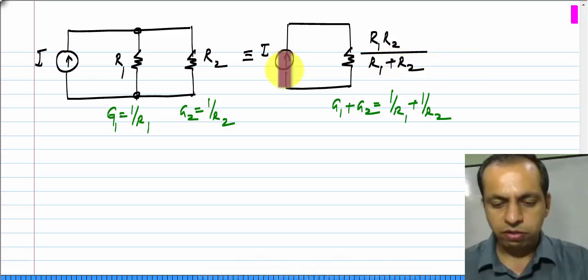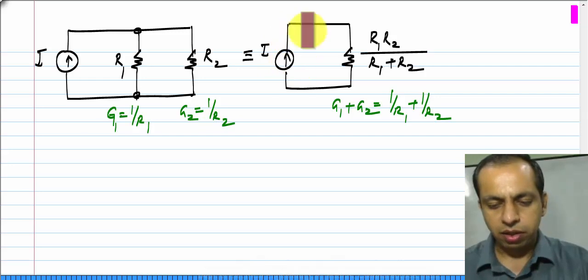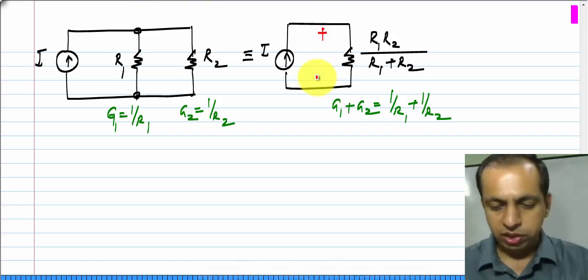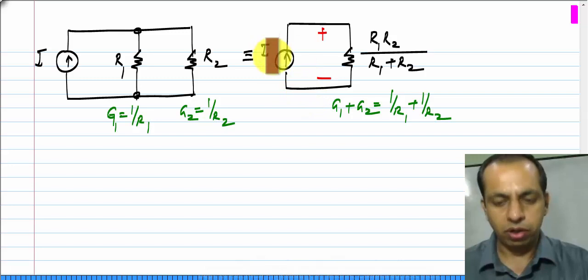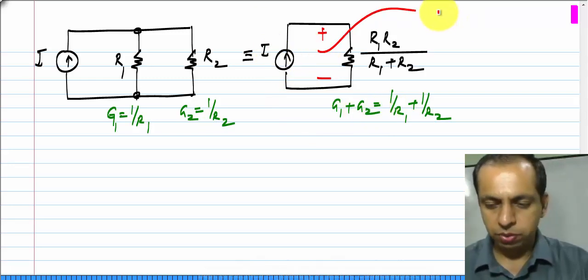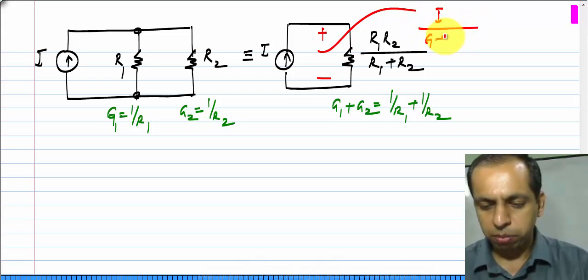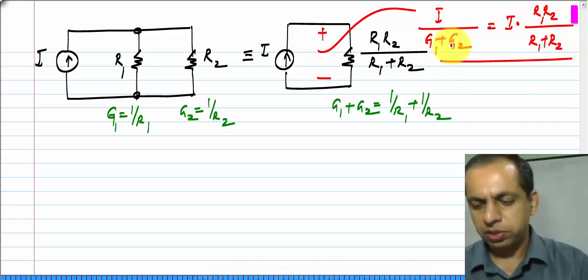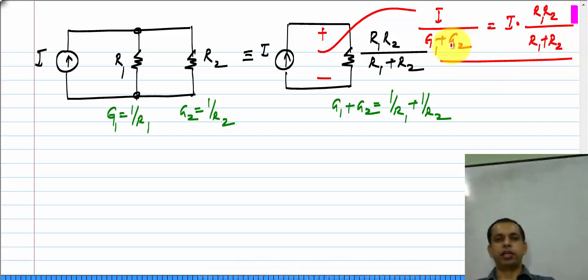If we apply a current I, then the voltage that appears across this is simply I times the resistance value, or I divided by the conductance value. So, this voltage is I divided by G1 plus G2, which is of course the same as I times R1 R2 by R1 plus R2. Sometimes when you have parallel combinations, it is useful to use conductances in the analysis rather than resistances.